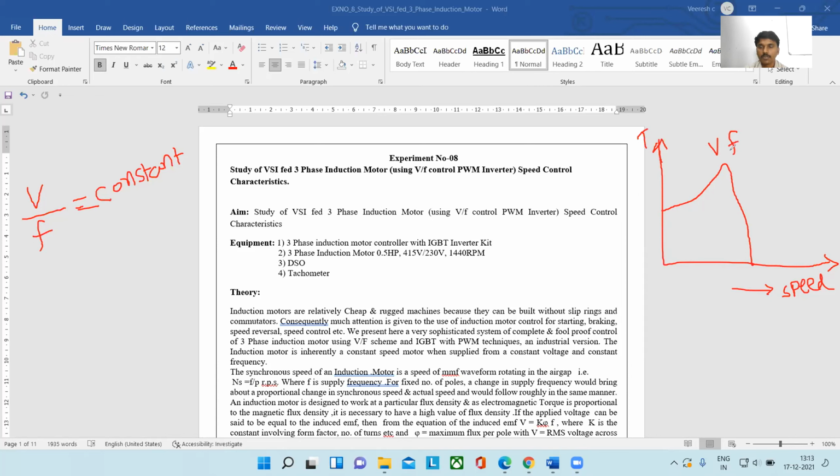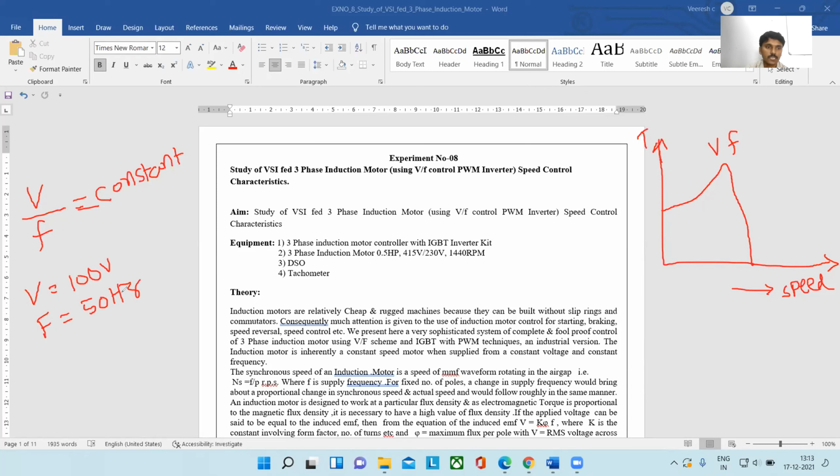For example, if voltage is 100 volts and F is 50 hertz, just take an example.